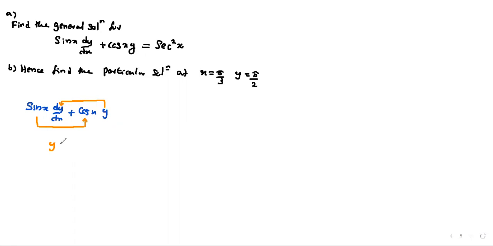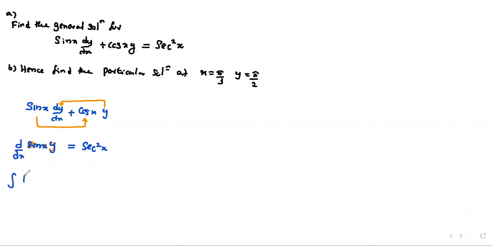Therefore, you can write this is sin x. So in this sense, you can write this is d by dx of sin x into y equals sec squared x.